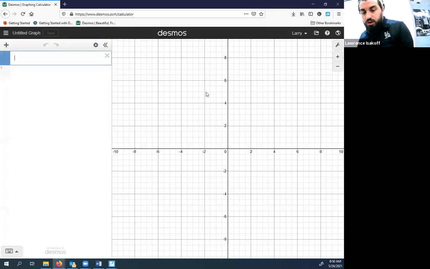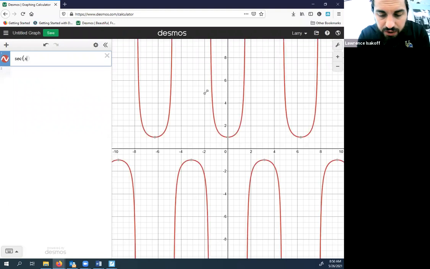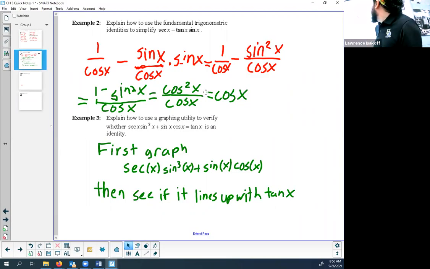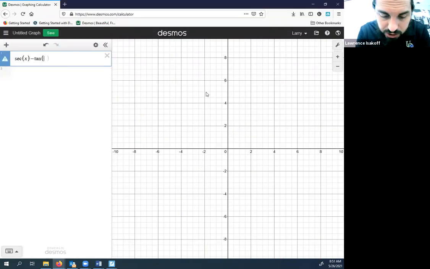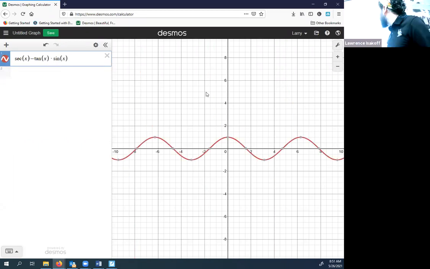There we go. So that was secant of x minus tangent of x times the sine of x.